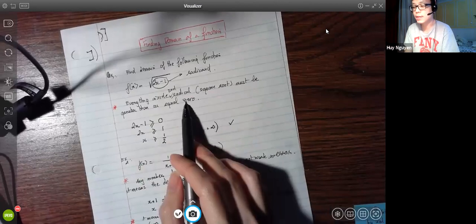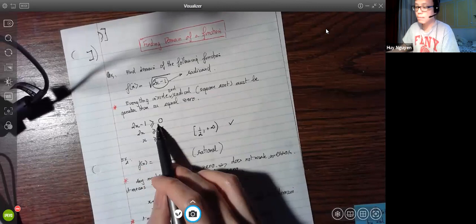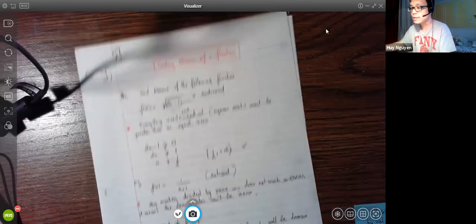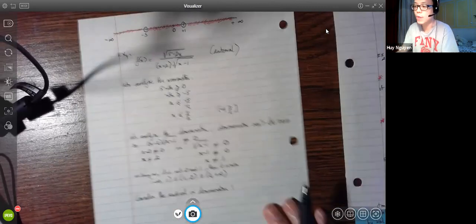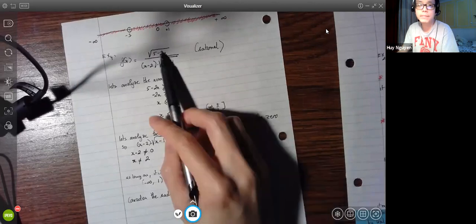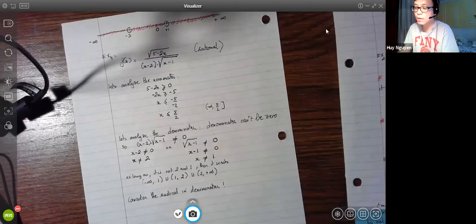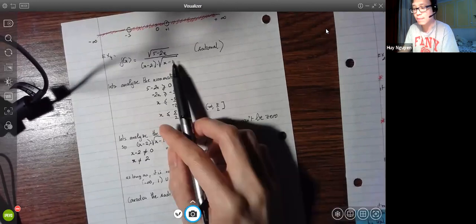Then we set everything greater than 0. But that just works for the case when the radical is on the top. But if the radical is under the denominator, just think about that.